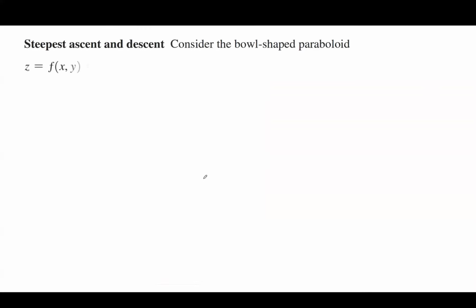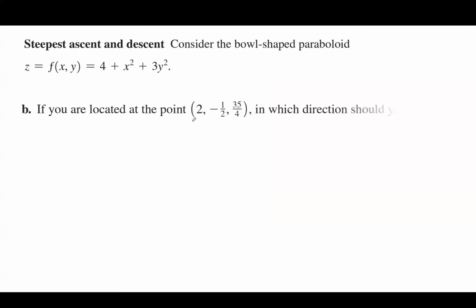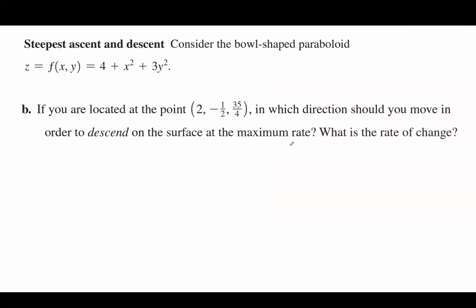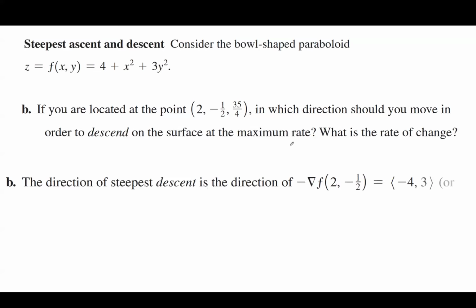So we are going back to our paraboloid. Now, if you are located at the point 2, -1/2, and 35/4, in which direction should you move in order to descend on the surface at the maximum rate? What is the rate of change? So as you saw, the direction of steepest descent is the direction opposite of the gradient.